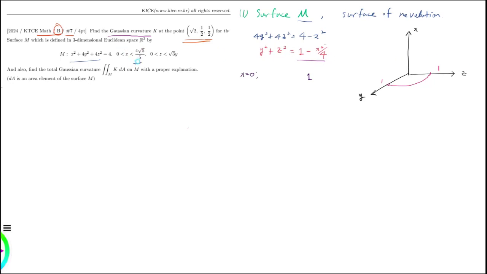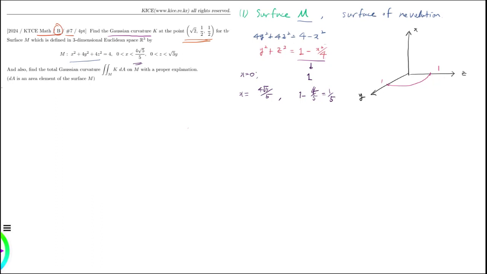And when x is 4 times square root of 5 over 5, this value will be 1 minus 1/5. No, it's 4 over 5, so this will be 1/5.